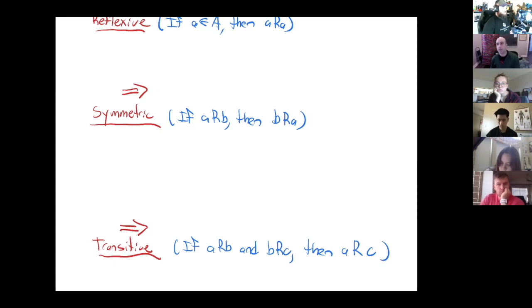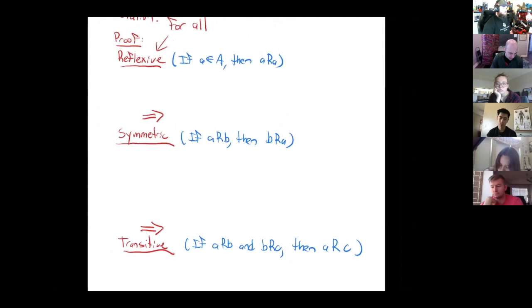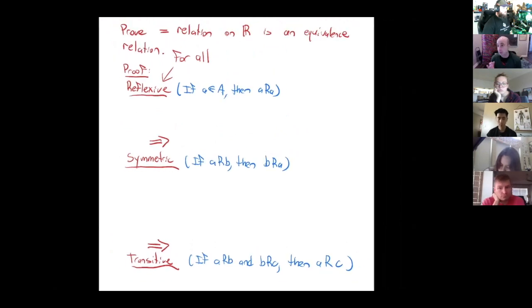Each of these statements is written out as a conditional statement. And just to be clear, when we read conditional statements, we do interpret them as for all. So just because I see that one such pair works, that doesn't mean it's transitive. We need to show that this works for all such things that satisfy the hypothesis.